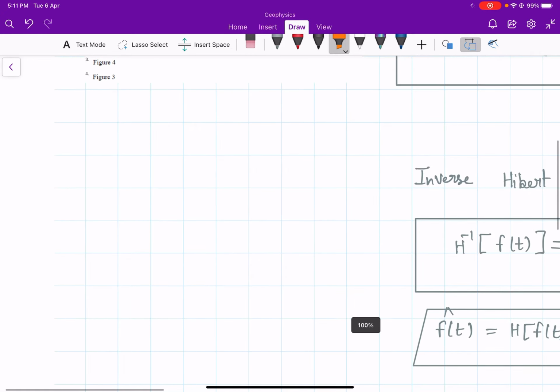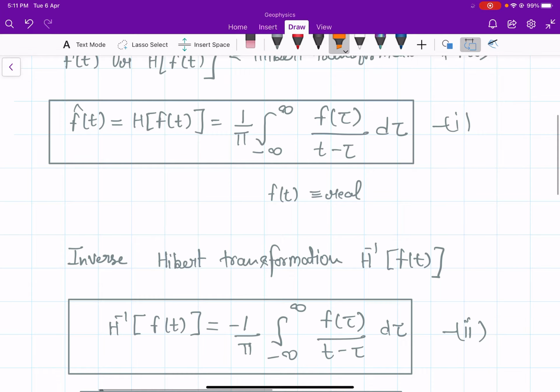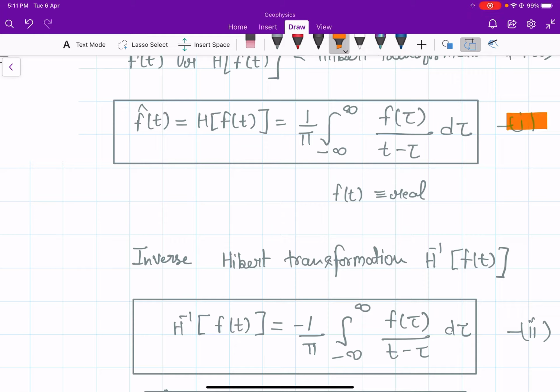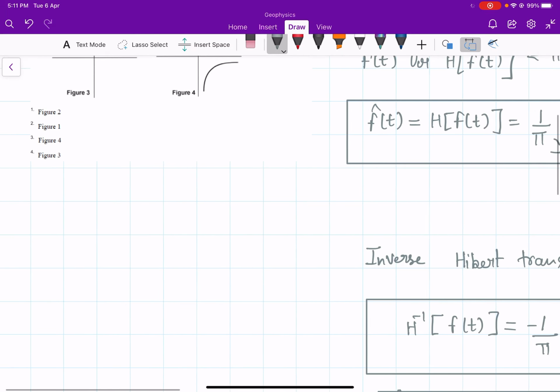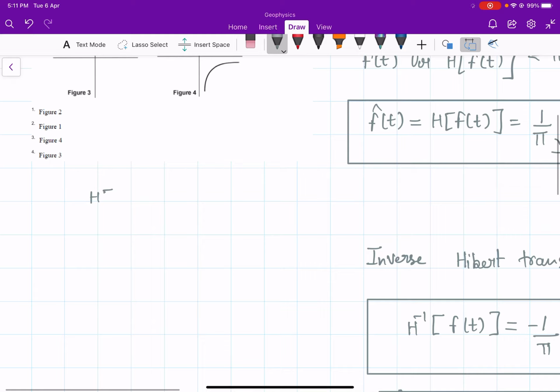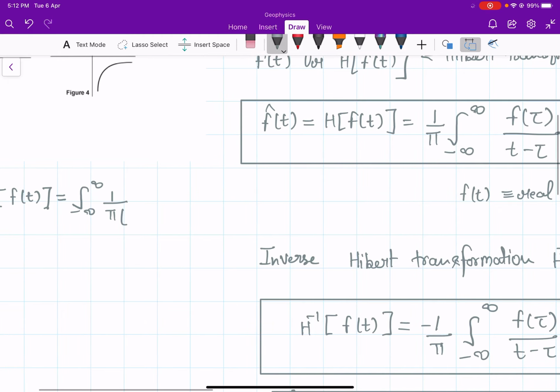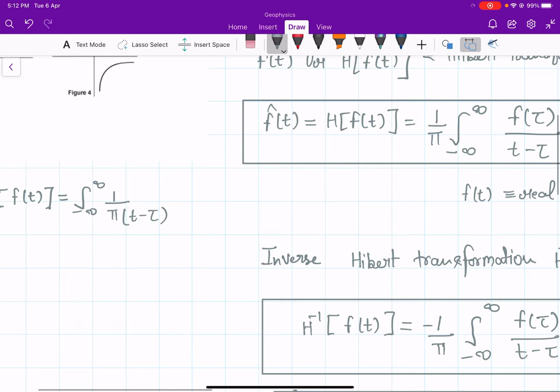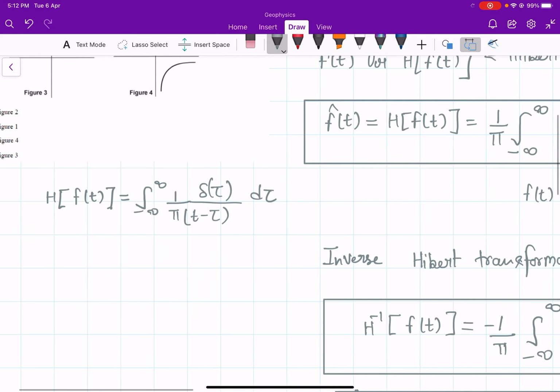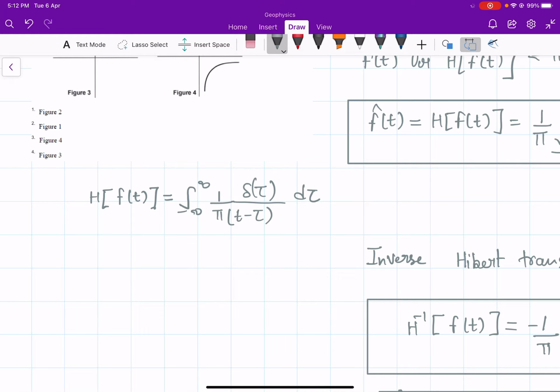So equation 1 gives H of f(t) equals the integral from minus infinity to infinity of 1 over pi, over t minus tau, times delta tau, d tau. This is the expression for the Hilbert transformation of the Dirac delta function.